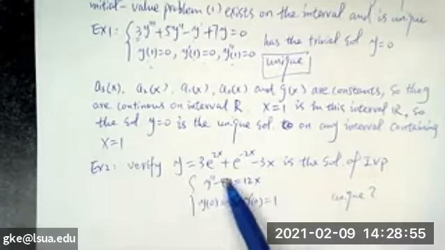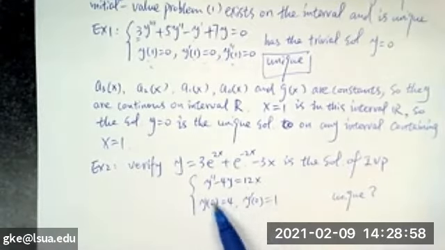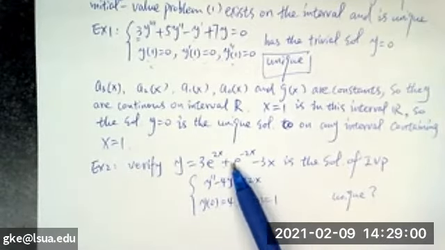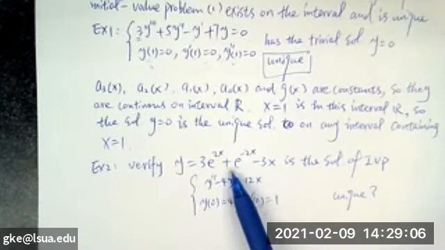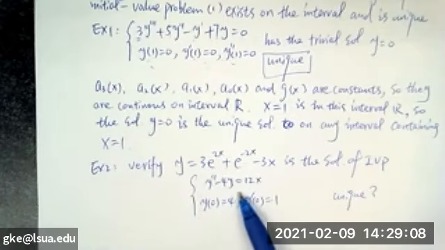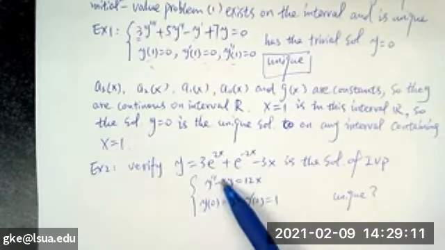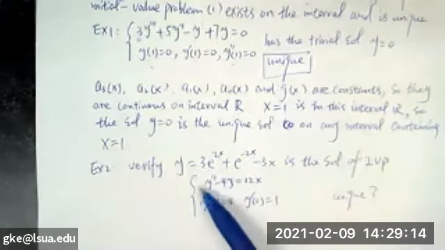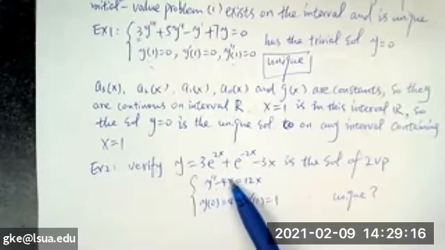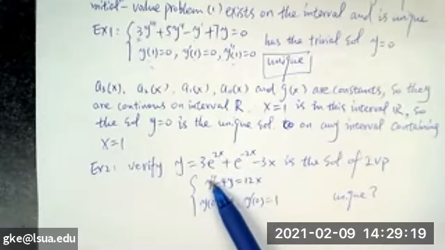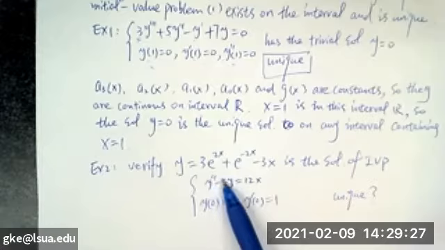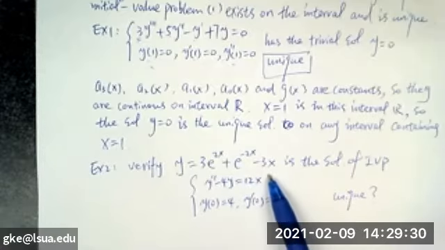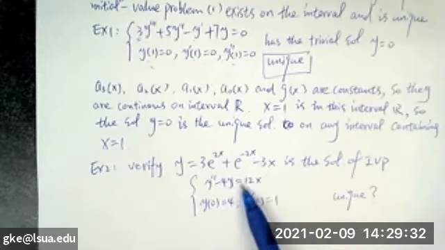So how do we verify this is the solution of this IVP? First, we verify it is a solution of this ODE. We take the left-hand side, y double prime minus 4y, plug in this function and do the double derivative, then check whether the left-hand side equals the right-hand side. If they are equal, that means it's the solution.